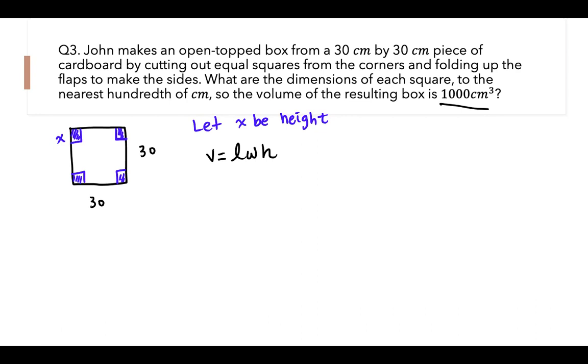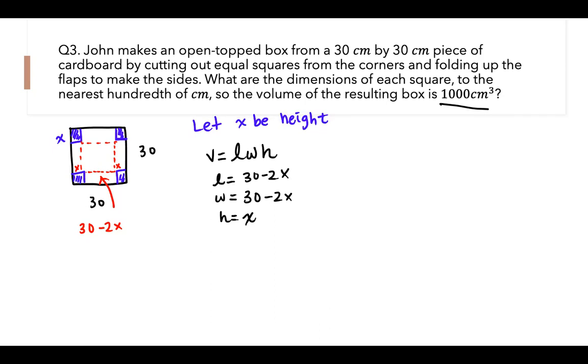Because this is x and x, this new length is going to be 30 minus 2x. And same thing for the width, because that's how much is going to be folded up by. So the length is 30 minus 2x, the width is 30 minus 2x, and the height is x.